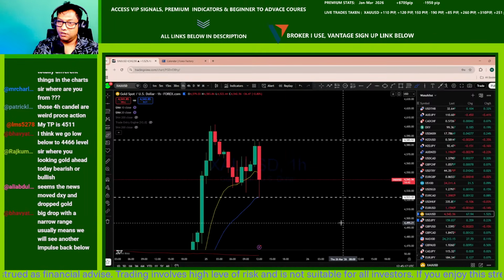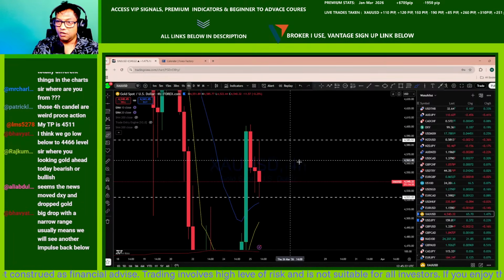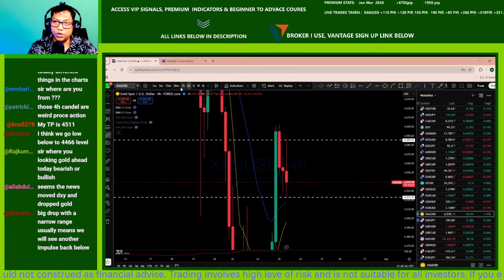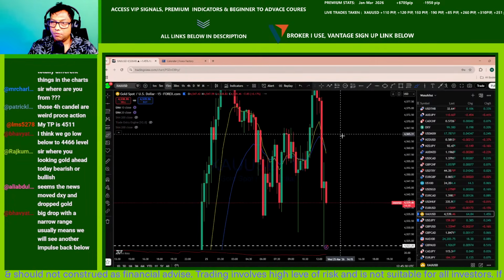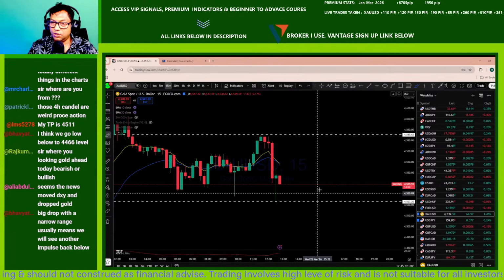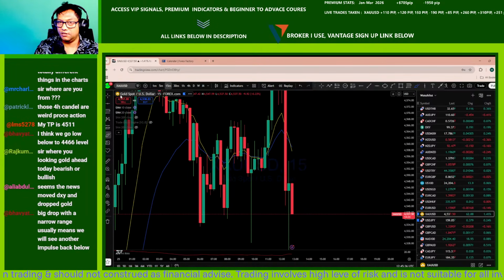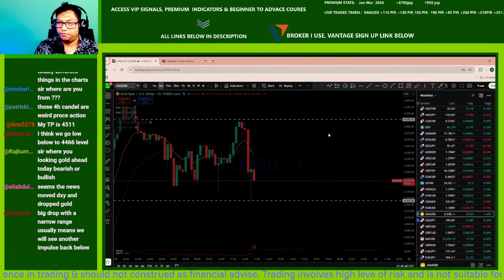Both directional biases are showing here, because how the 4 hour candle closes is also important. But at the moment what we can see is that there has been a break below, and as soon as the candle closes, you can see the market showing that there might be a bearish move here in that area.